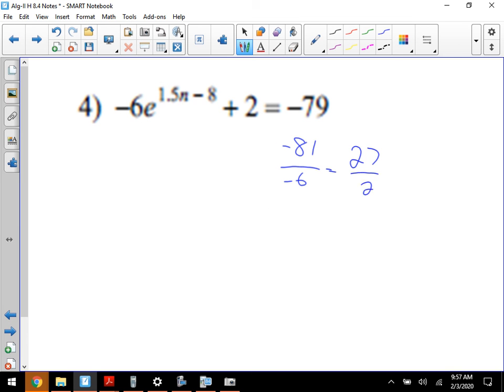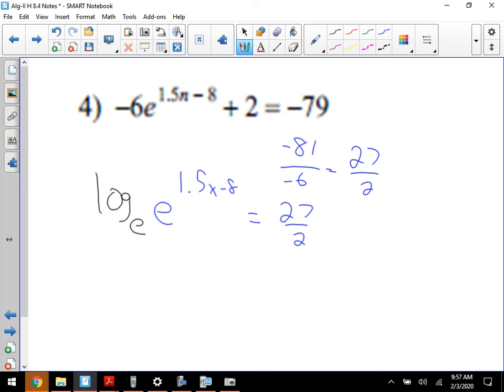Are we okay with that? And then you have e to the 1.5x minus 8 equals some fraction. Well, to undo e, you'd have to take the natural log. That's how they're inverses of one another. So to get this exponent out, I would have to log base e on this side.